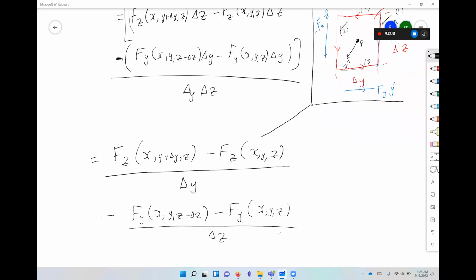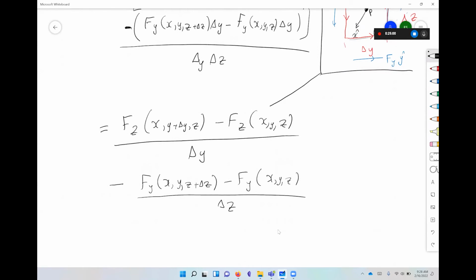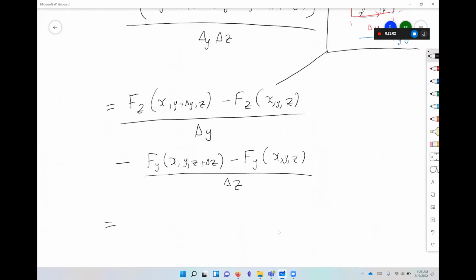This is the definition of partial differentiation, right? Because f is a function of multiple variables. So we know what this is as the surface area goes to 0. This is essentially partial delta fz over delta y minus delta fy over delta z.